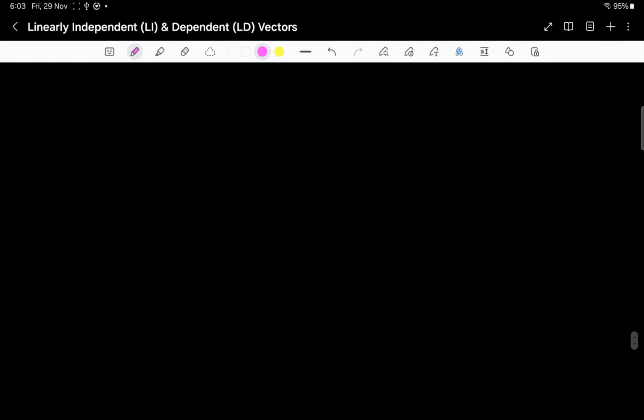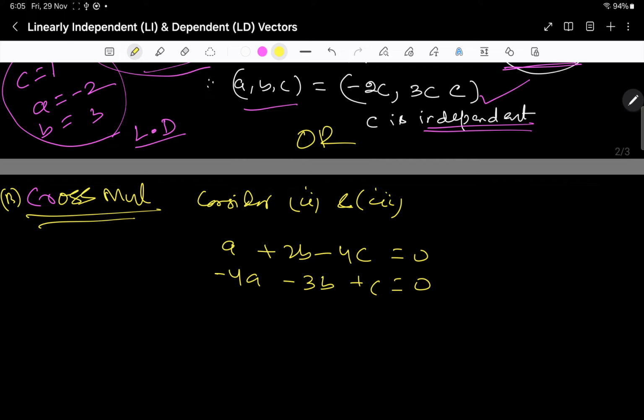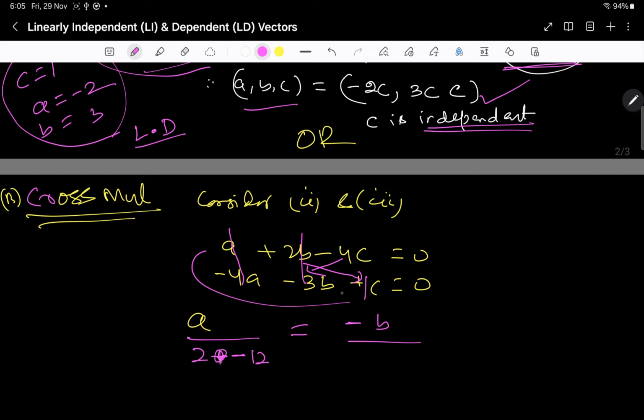So coming to cross multiplication, another easy way, here a divided by, while you take a, this into this minus this into this, you should see my earlier lecture. So it is 2 into 1, 2, minus minus plus, 12 is equal to, for the second we have minus b divided by, taking this coefficient, first and third.